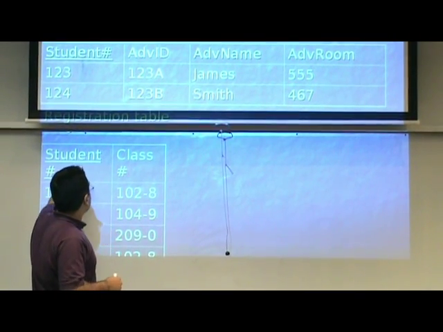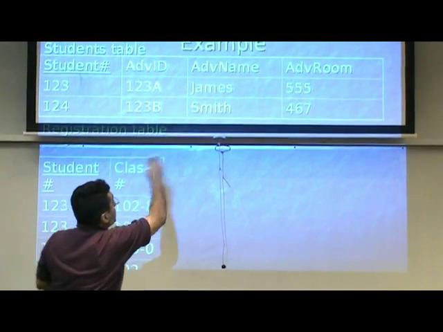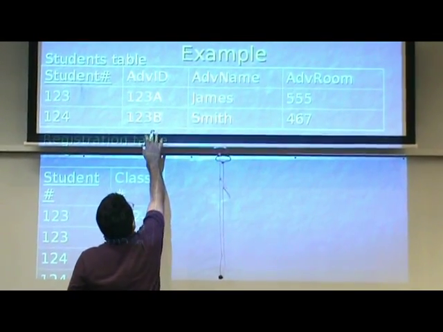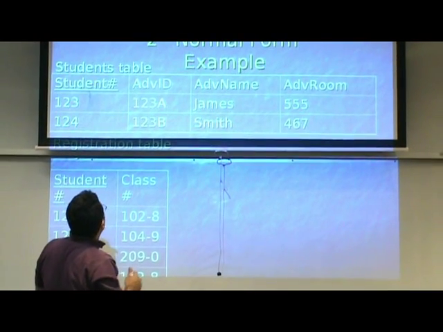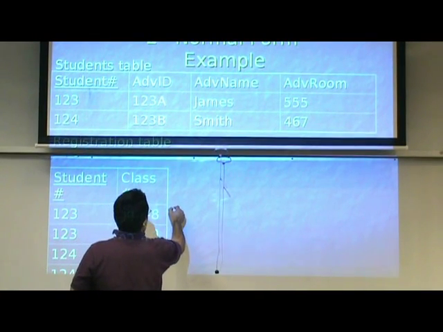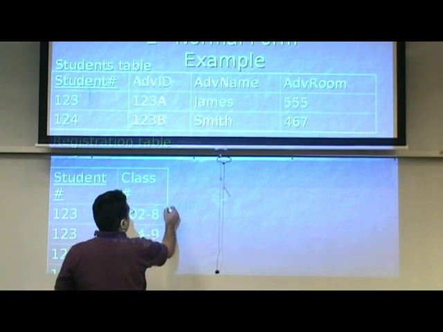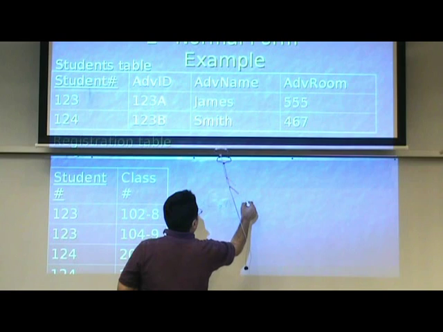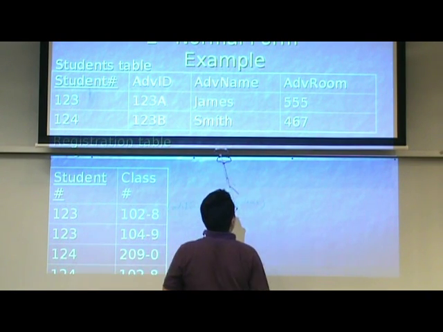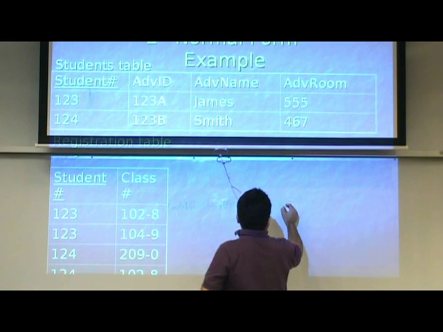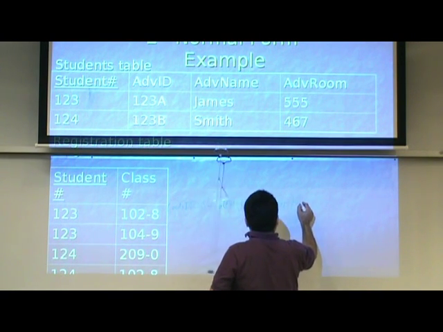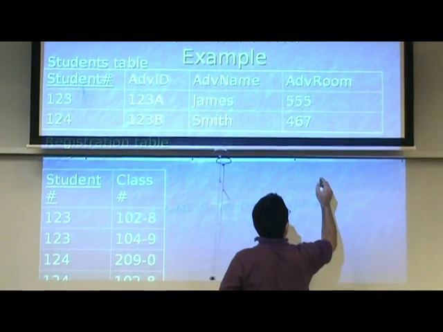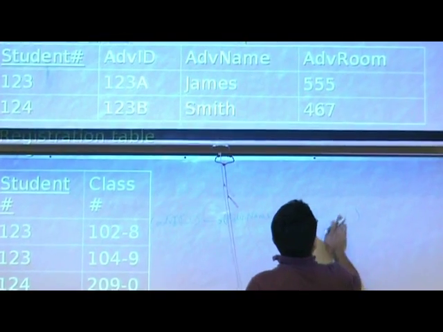In the student table, the advisor ID can determine the advisor name, and the advisor name can determine the advisor room.